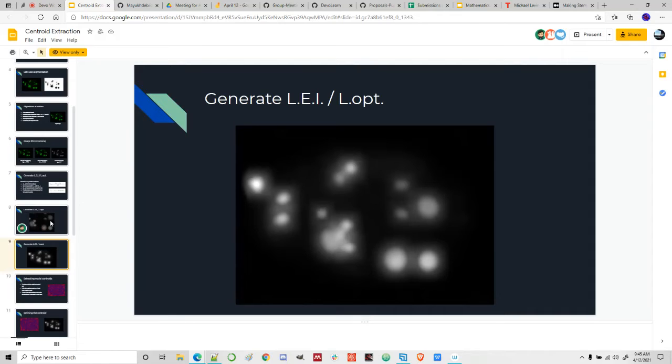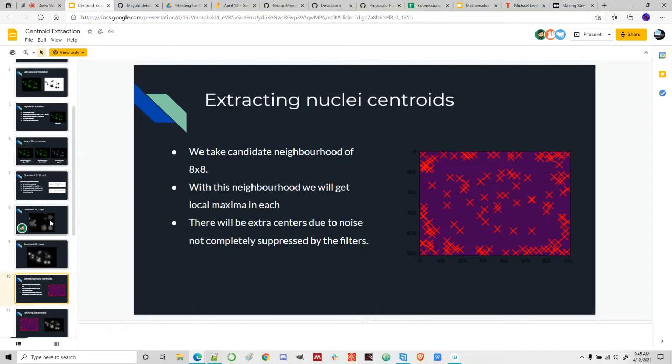Let's go to the next slide to see the output. Here you can see there are many centroids which we don't actually want.